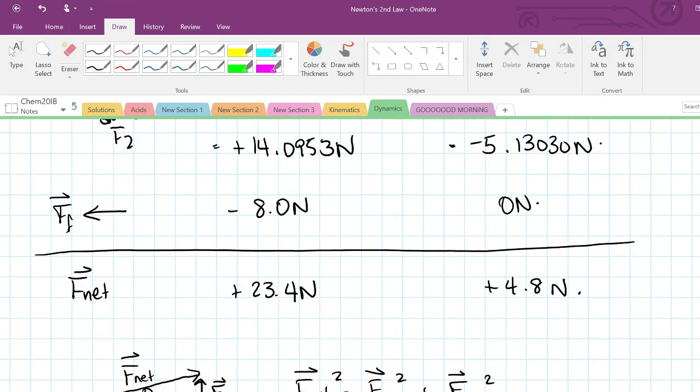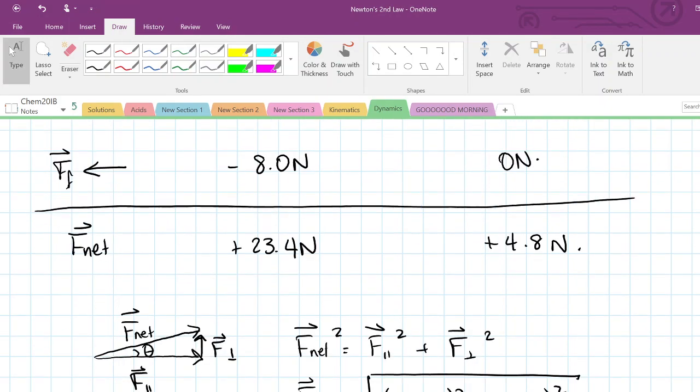And so what that tells me is that the horizontal component of the net force is 23.4 newtons in the positive direction, so it has to be pointing right. And the vertical component of the net force is positive 4.8, which means that this vector has to be pointing up. And so that will give me my right angle triangle so that I can use my Pythagoras theorem.